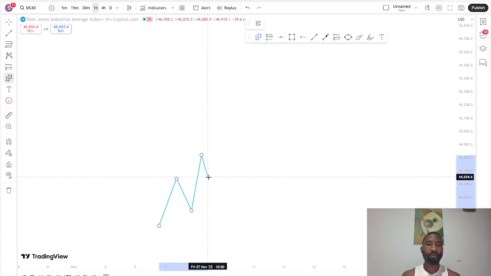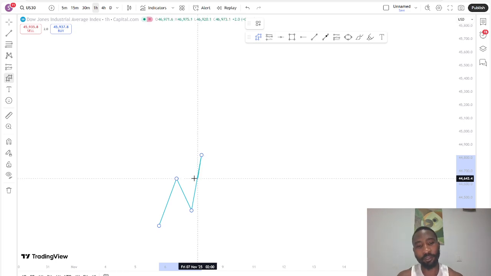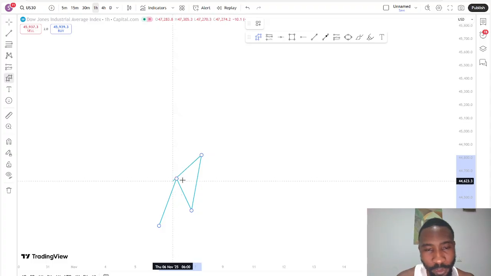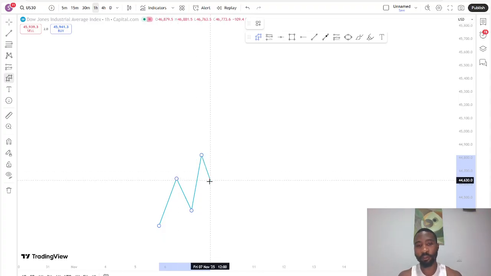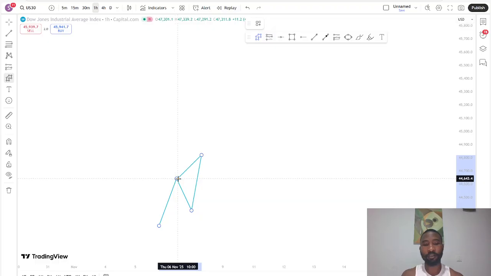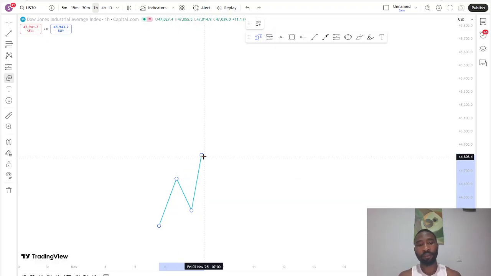Then the easiest way to understand a breakout is basically this: the market has already broken the previous high or previous low, depending on the trend. Since we have a breakout, this is called indication. It means that it has already broken out.